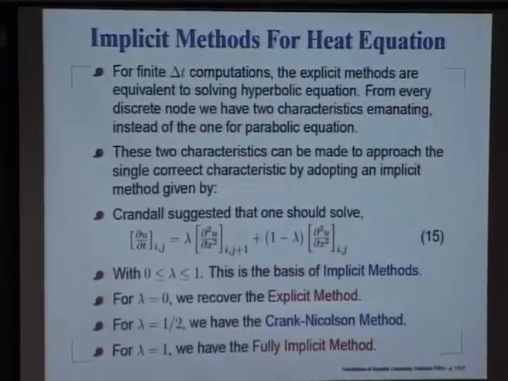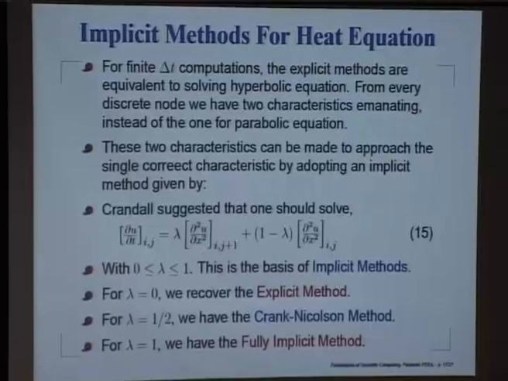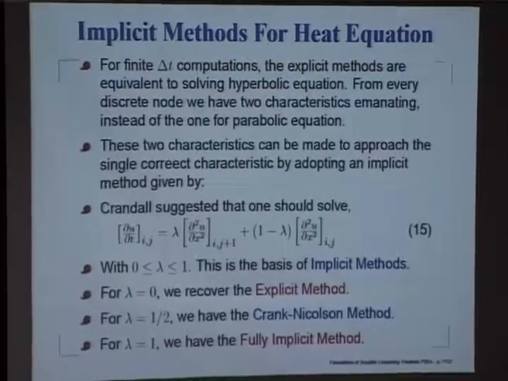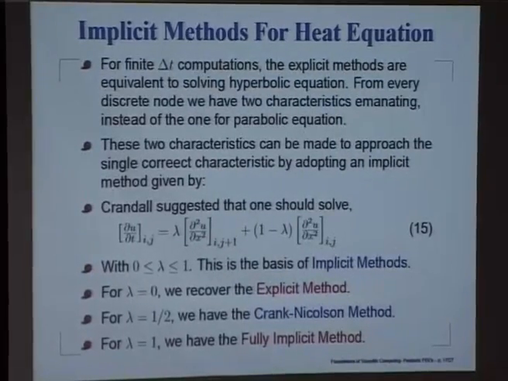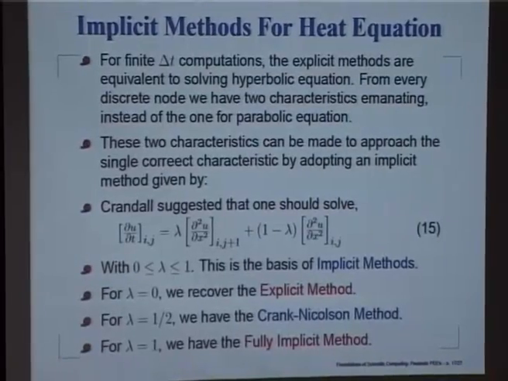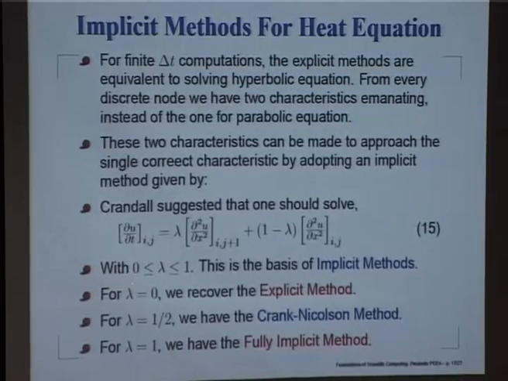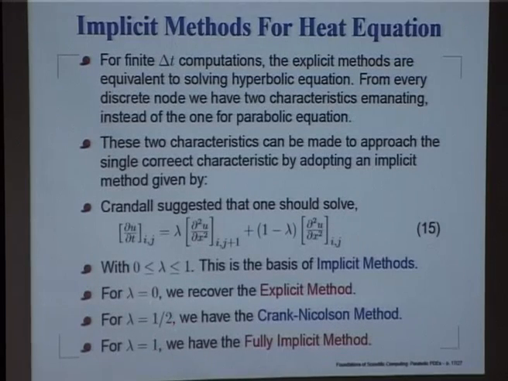All right, so I will take the second derivative evaluated at the advanced time level 50%, and the rest of it comes from the previous time level. Right. Now, of course, it is a whole continuum. You could choose a value of lambda anywhere between 0 and 1, but we are looking at some very specific cases.